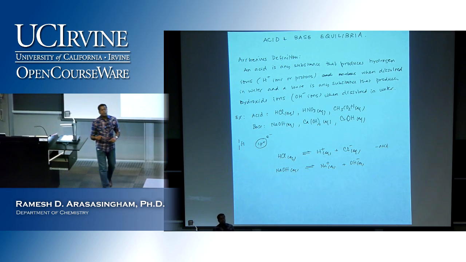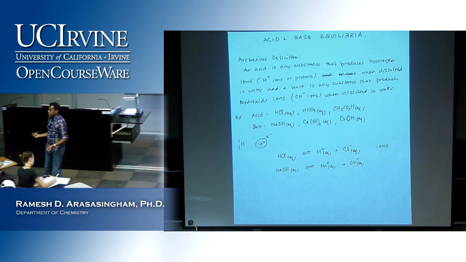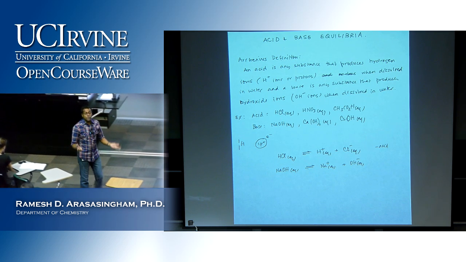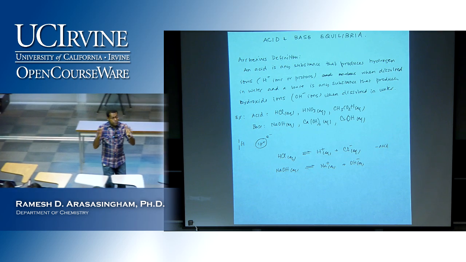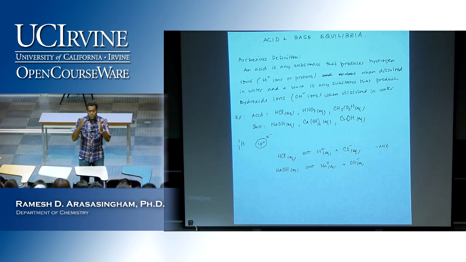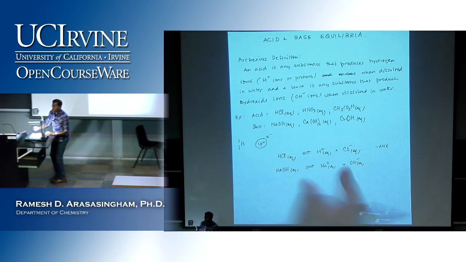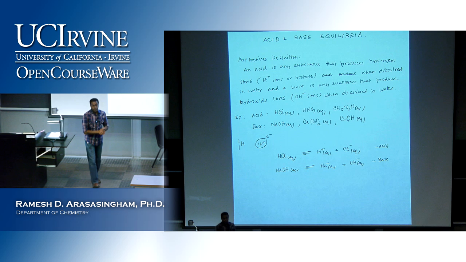The lattice structure is no longer held together by electrostatic attractions. This giant structure falls apart and dissolves in water. All right? And so here you're producing hydroxide ions, and therefore this will be a base.